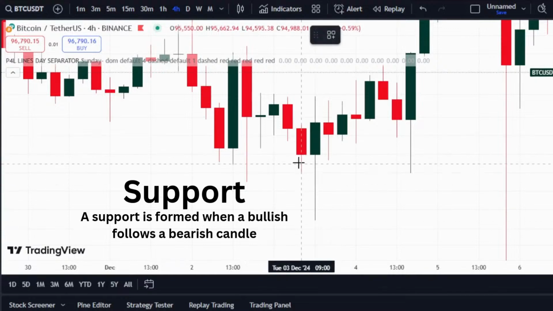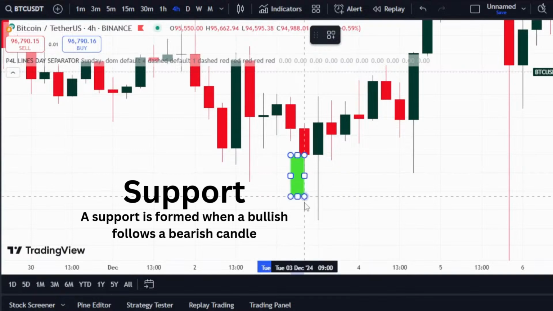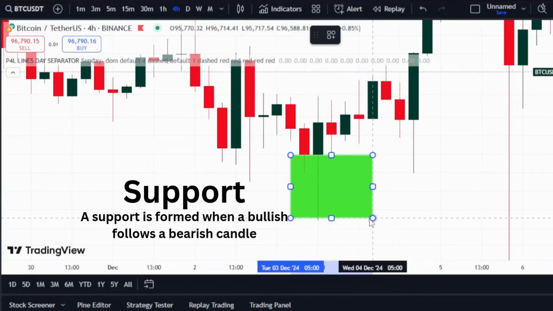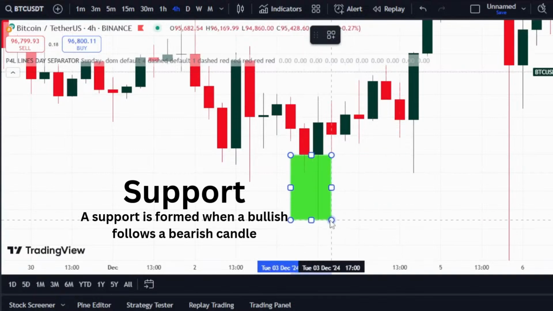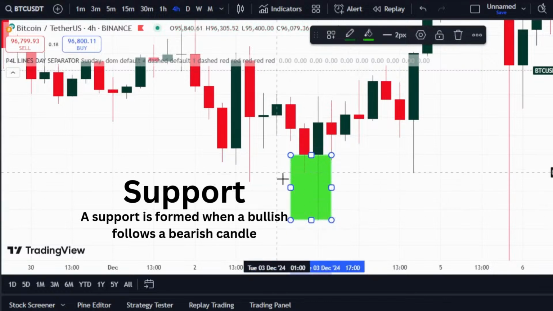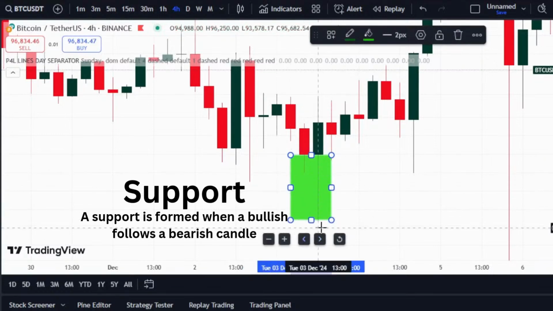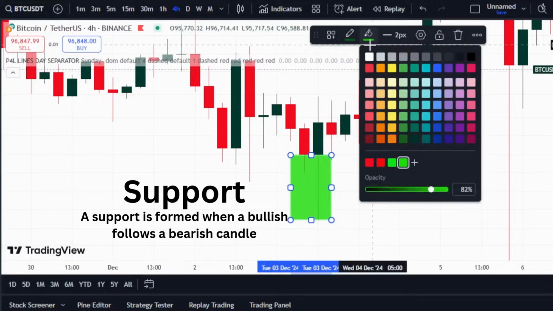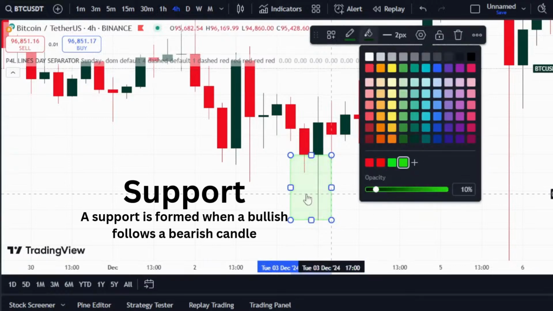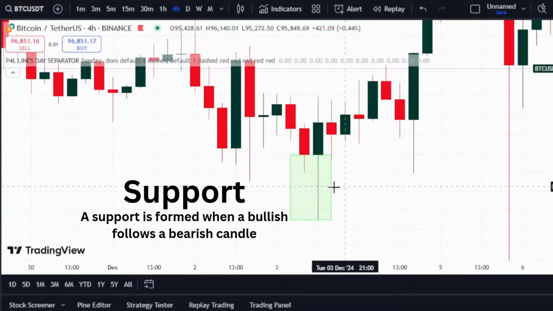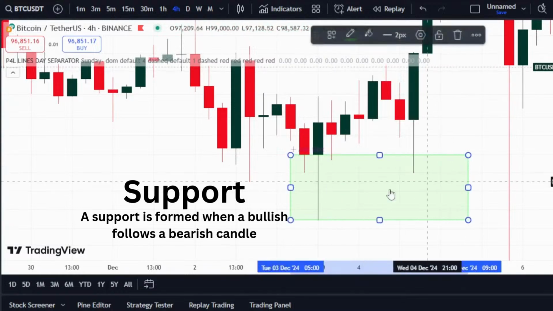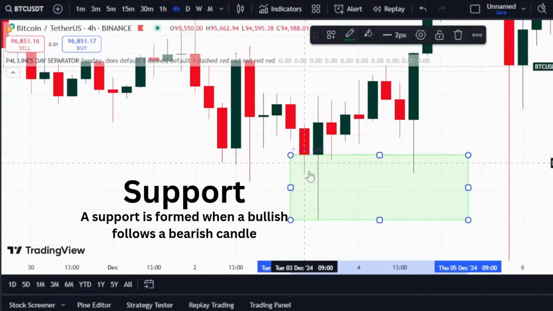So here, the whole of this place, the wick is inclusive. Very, very important. You have to take note of that. The wick of both of them are included. So all of this place, if we move it down like this, all of this place are support.